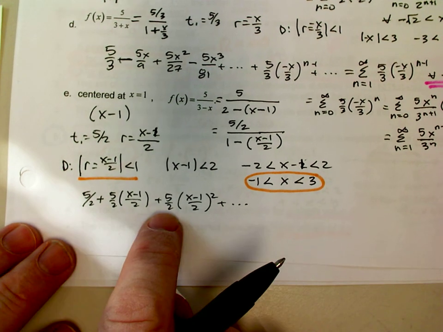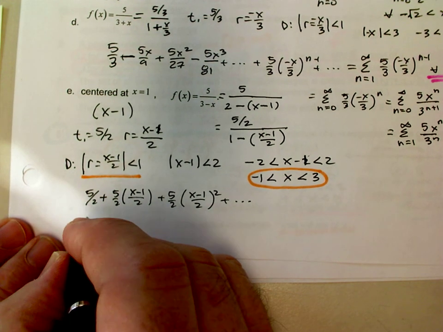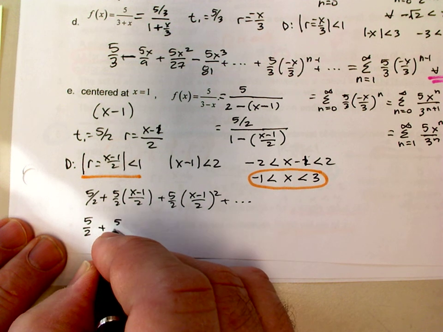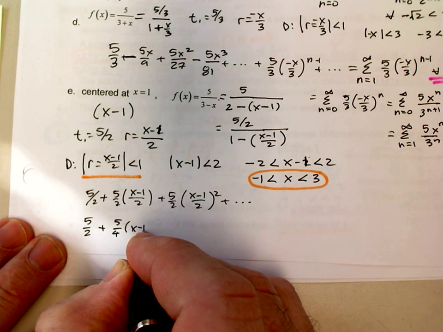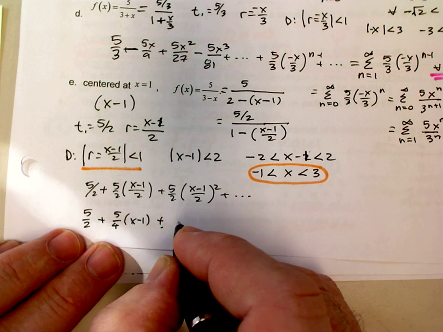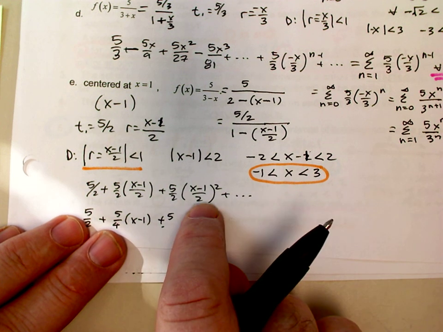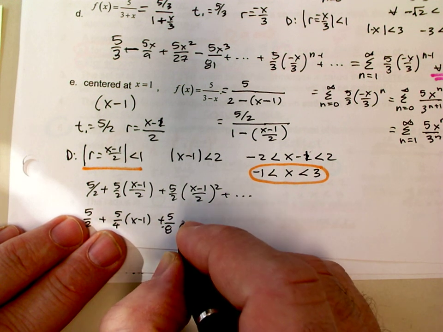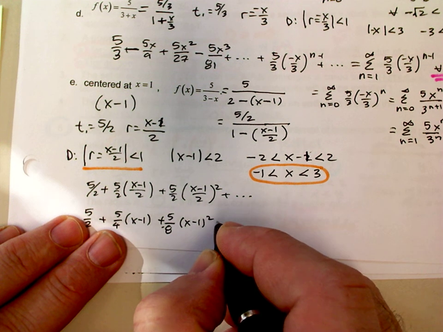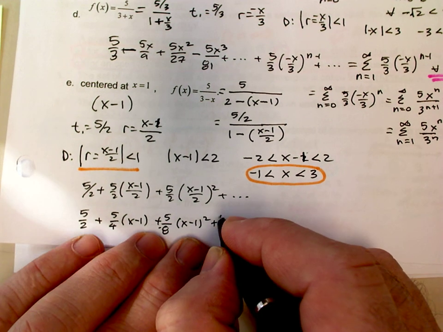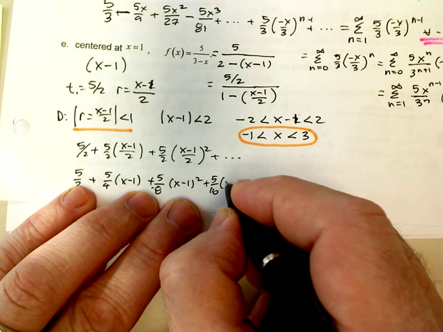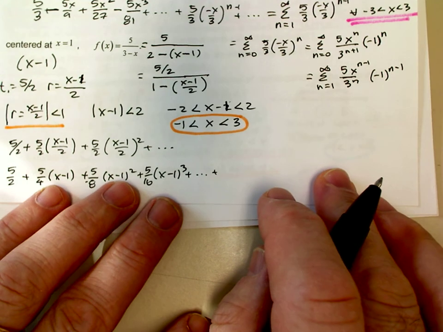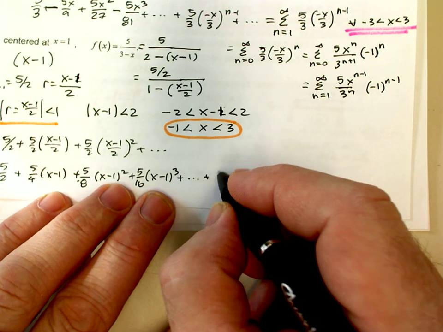I think I'm going to probably go ahead and rewrite this as 5/2 plus 5/4 x minus 1 plus, I square this, multiply by 2, 5/8 x minus 1 squared plus 5/16 quantity of x minus 1 cubed, which means our general term could be written in a number of ways.